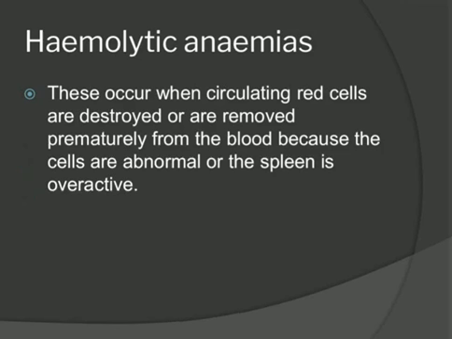Now, the next type of anemia is hemolytic anemia. These occur when circulating red blood cells are destroyed or are removed permanently from the blood because the cells are abnormal or the spleen is overactive. Most hemolysis takes place in the liver or spleen, and the normal erythrocyte lifespan of 120 days can be shortened.